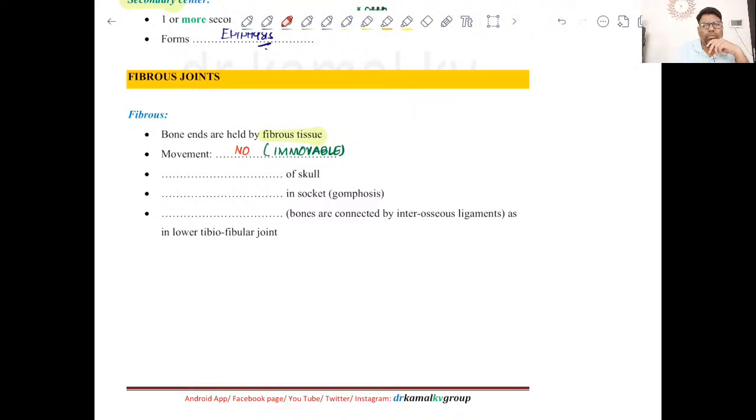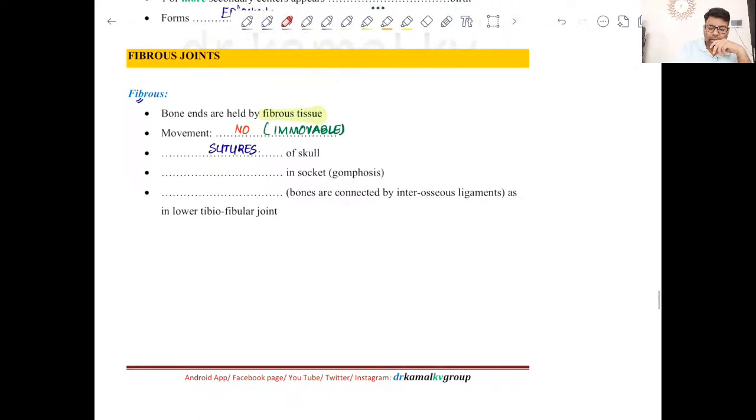In the skull there are many component bones, and they are all held by sutures. So sutures of the skull are an example of fibrous joint. The teeth, they are held in a socket, which we call gomphosis. So that is also an example of fibrous joint.